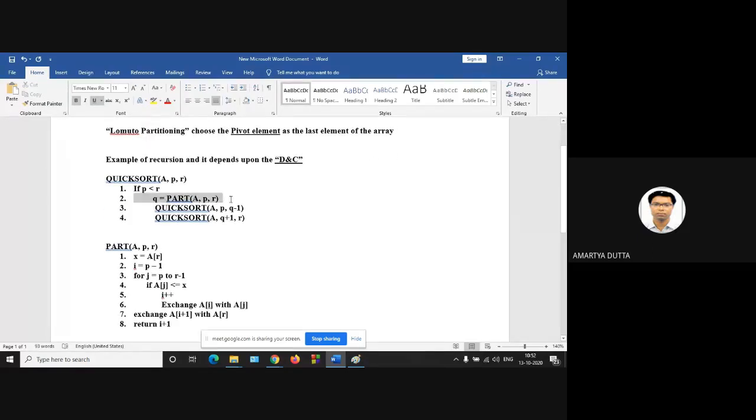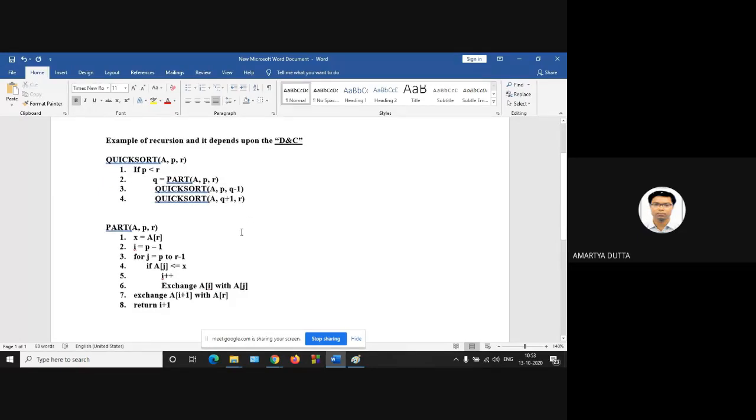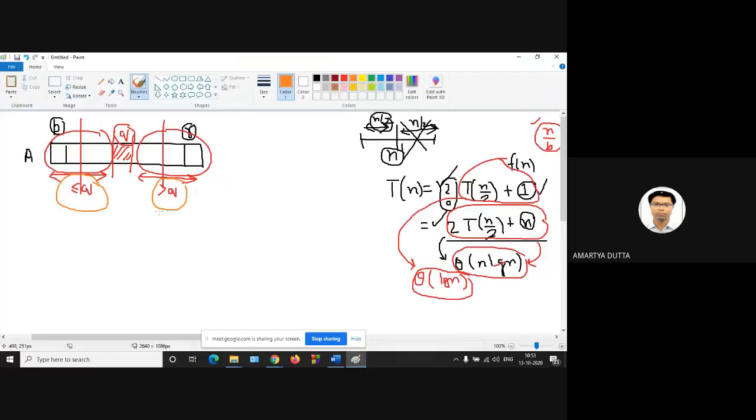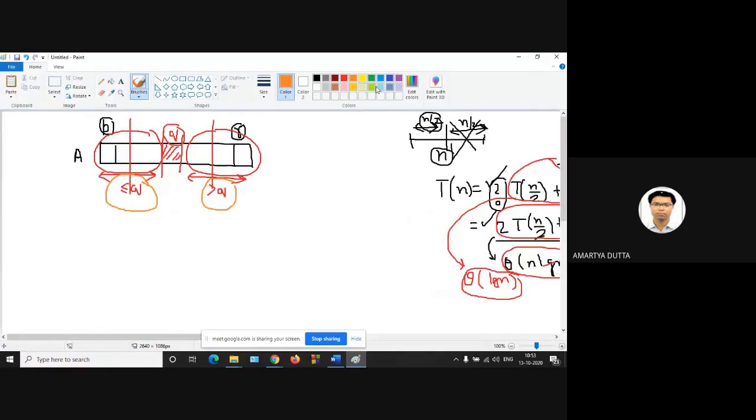So Q is chosen. Then you have to recursively call the two subproblems of smaller size. If we divide this, we get three portions.